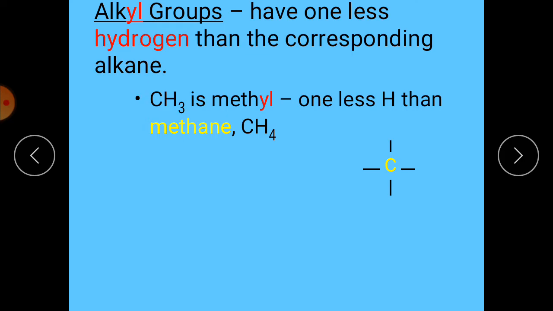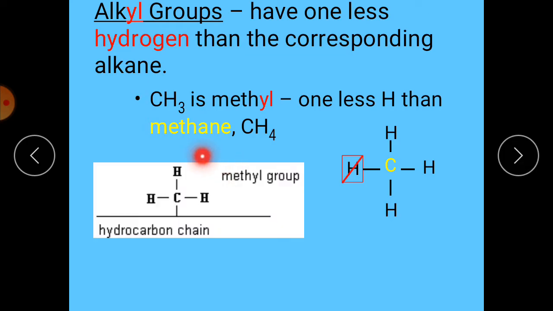There are 4 hydrogens in methane. This is the formula of methane. If we remove one hydrogen, any hydrogen, it will be CH3. Now we will say this is the methyl group. Now it has formed alkyl and the name of the hydrocarbon is methyl.